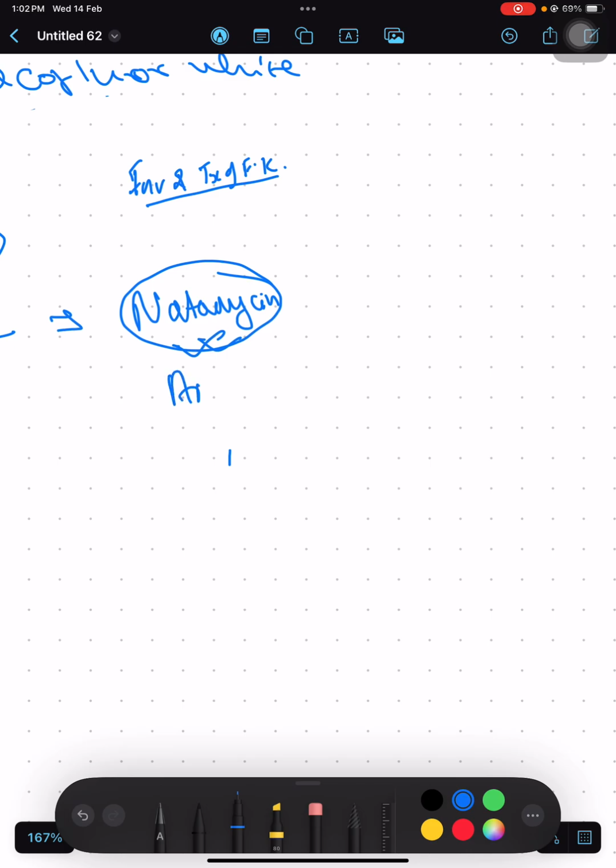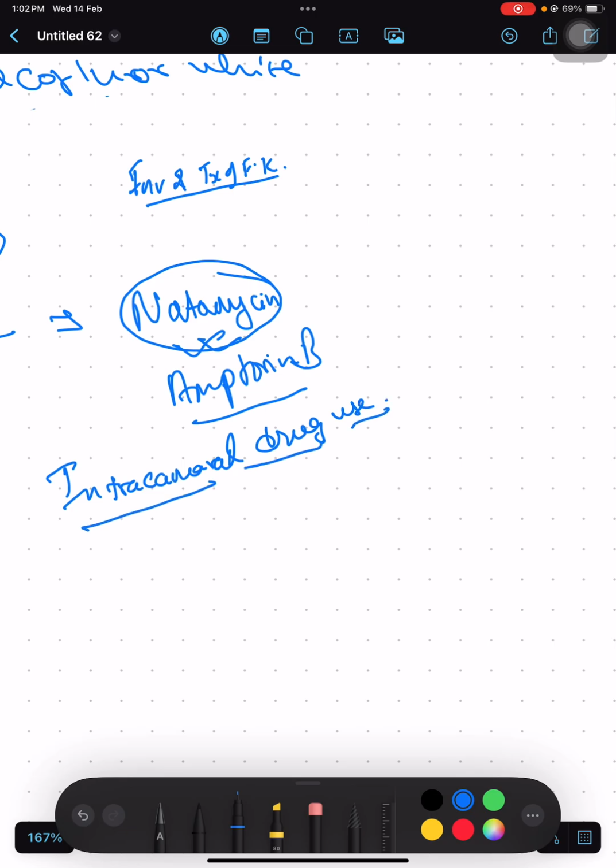We are going to use amphotericin B. And remember that there is something known as intracameral use, like inside the chamber. In that intracameral drug use, we can use voriconazole and amphotericin B.